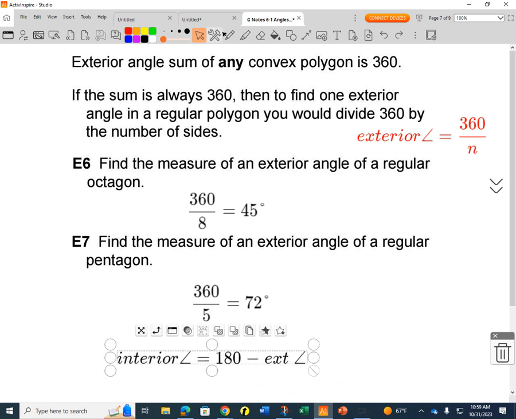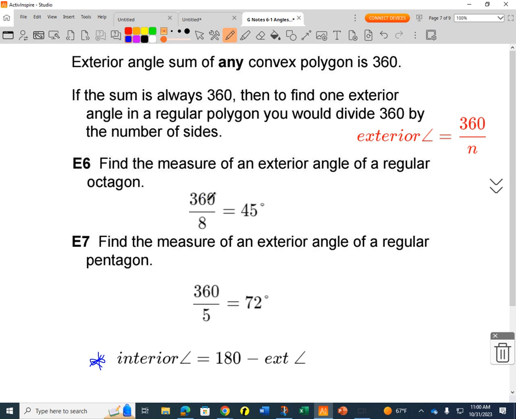Something else that's helpful to remember, an interior angle is always equal to 180 minus the exterior angle because those are supplementary. 360 divided by the number of sides equals the exterior angle.